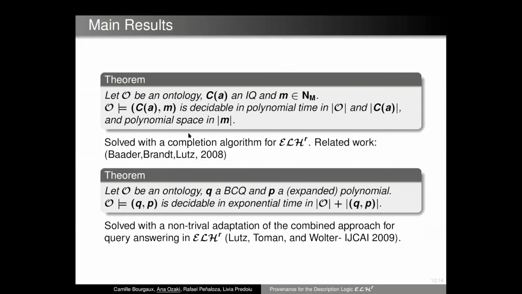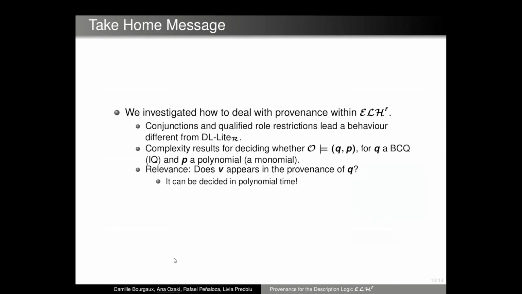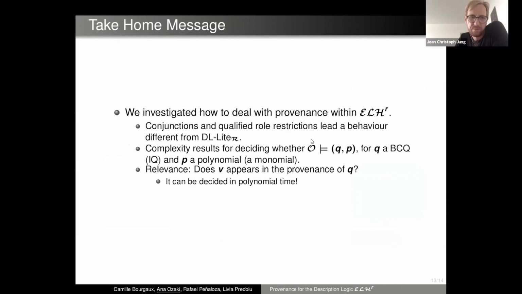our entailments together with provenance information. It can be just a monomial for instance queries, or a polynomial when we have conjunctive queries. And overall, what we did was to make an investigation for this language, where we observed that when we have conjunctions and qualified role restrictions, we have a different behavior than we had for the ELHr.